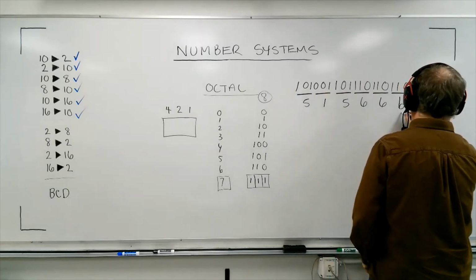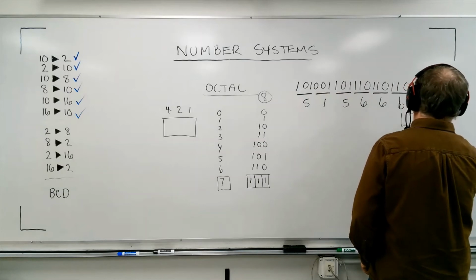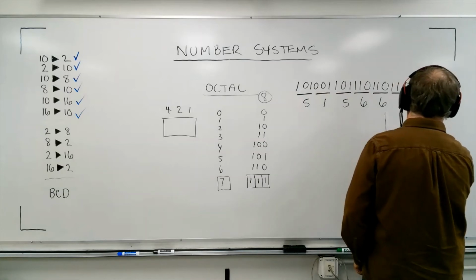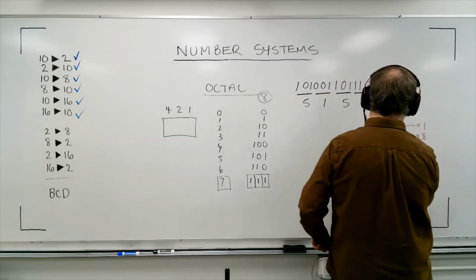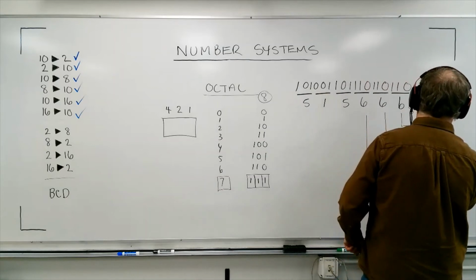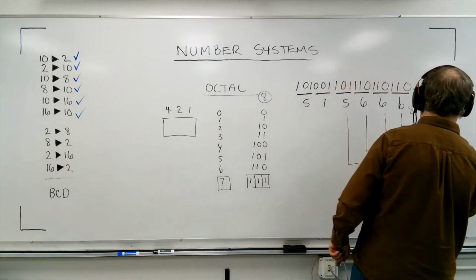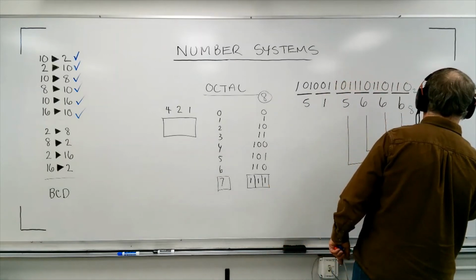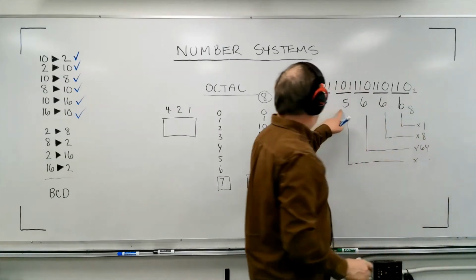Now I could just say 6 times 1. And I could say 6 times 8. And I could say 6 times 64. 5 times, I think it was 256, or is it 512? I better grab my calculator on that one.